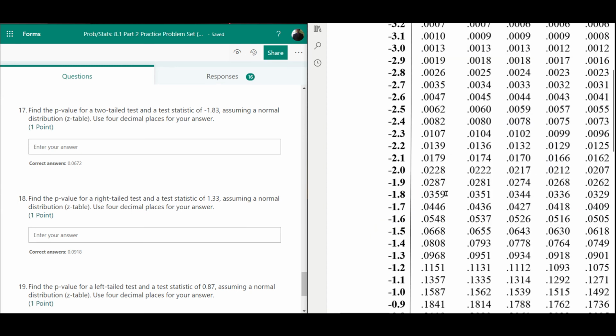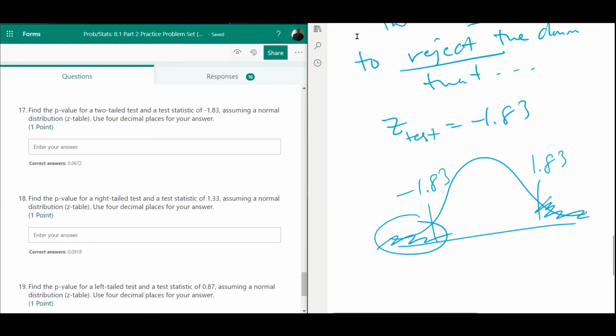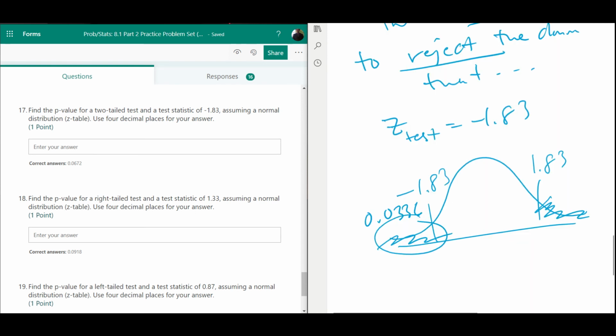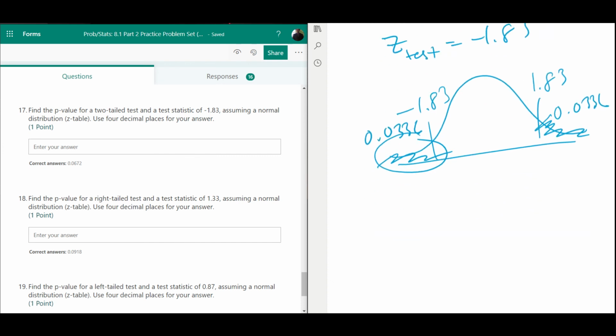So negative 1.8, 0.03, so that's going to be 0.0336. So this is 0.0336. I want to make sure, let me double check that. Yep. Which means this is also 0.0336. So basically, since it's two tails, we double it.